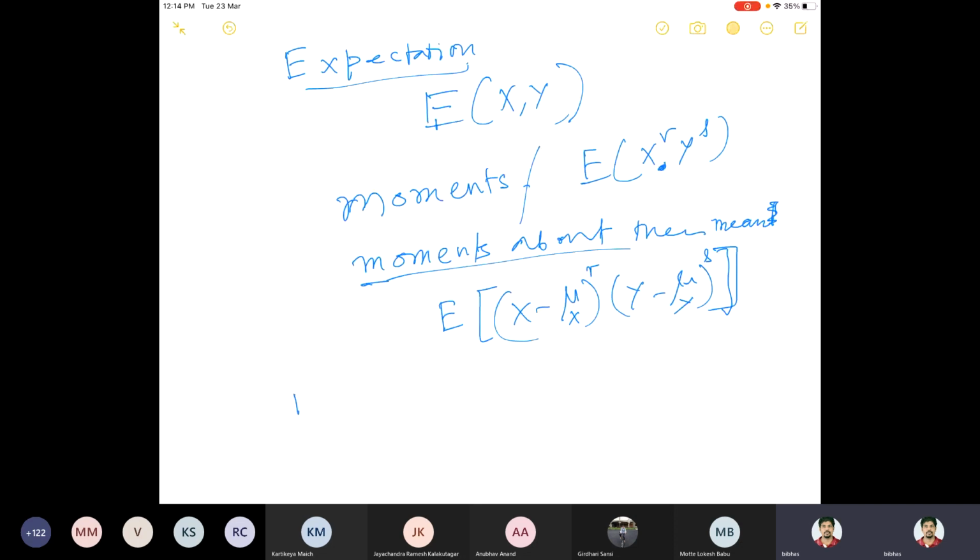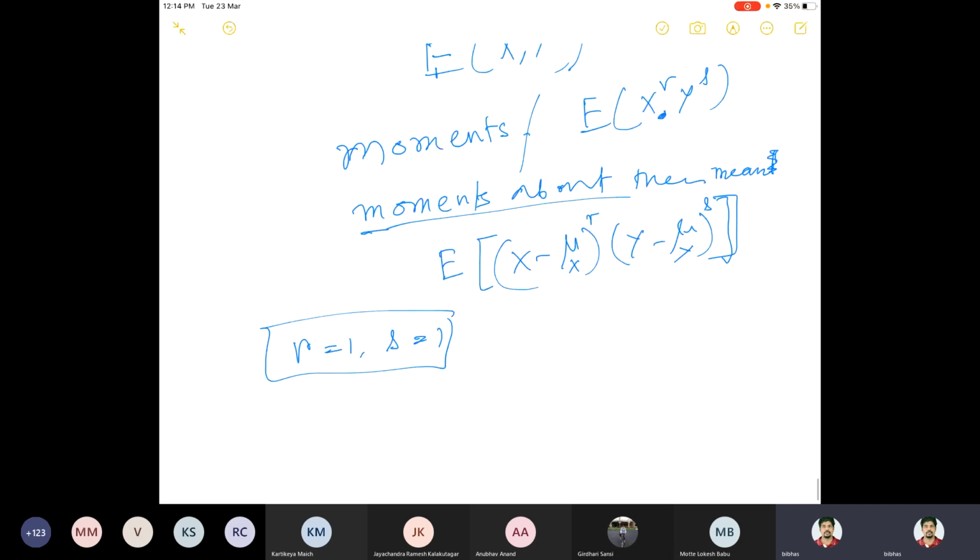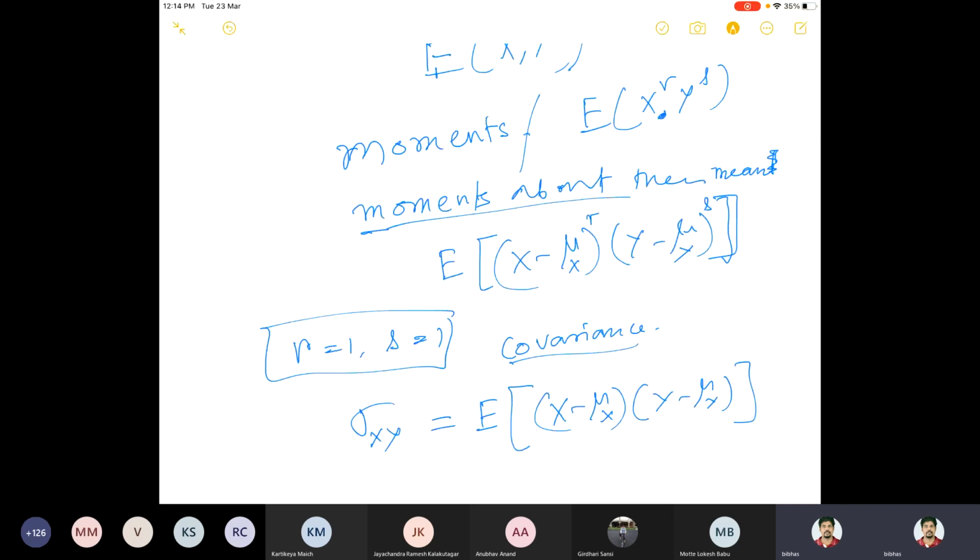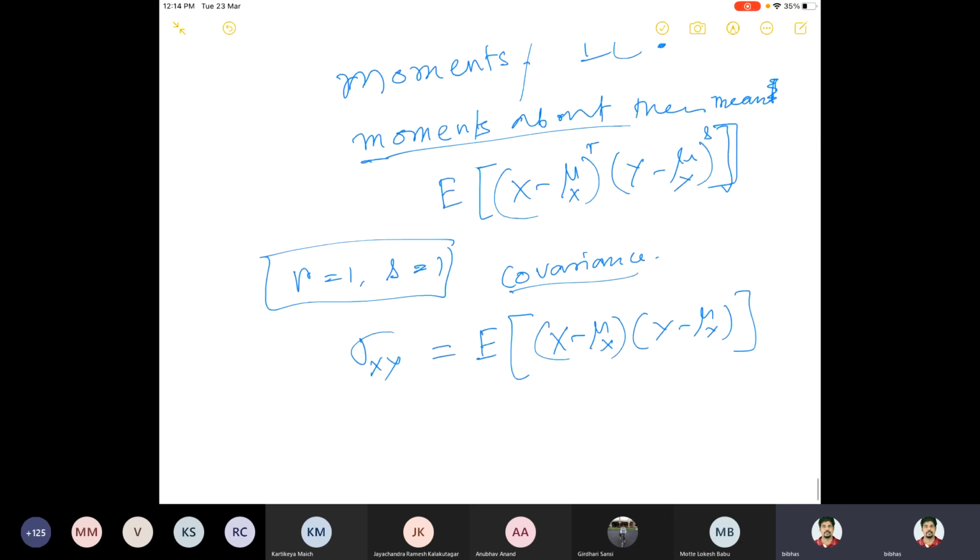And then we said, okay, for r equal to 1 and s equal to 1, this plays a big role, and we defined this term to be what is called the covariance. So covariance is nothing but the expected value of x minus mu x times y minus mu y, when r and s are both 1.